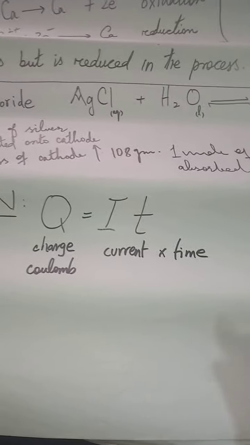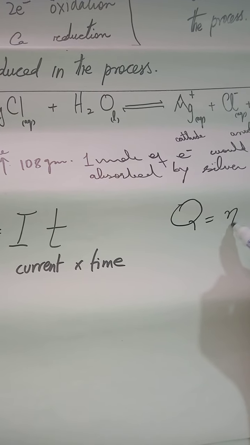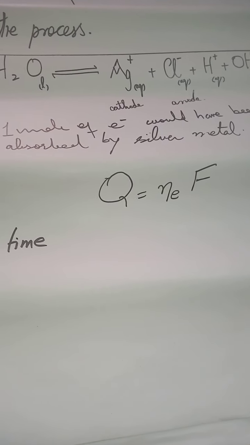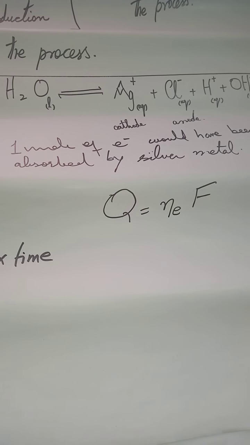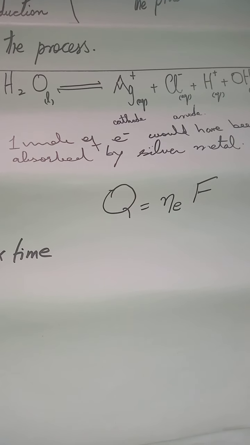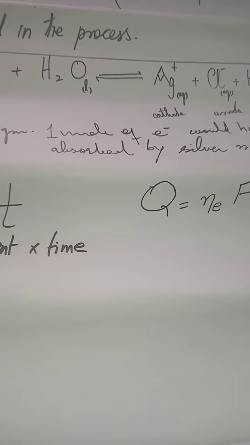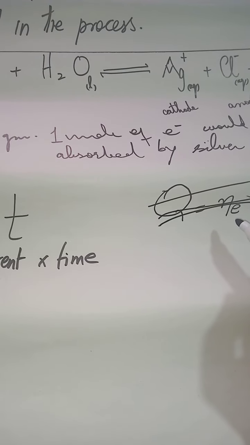will be useful, but then there's another one called Q equals mole of electrons times the Faraday number of mole of electrons. No, hang on, that would be the second one.